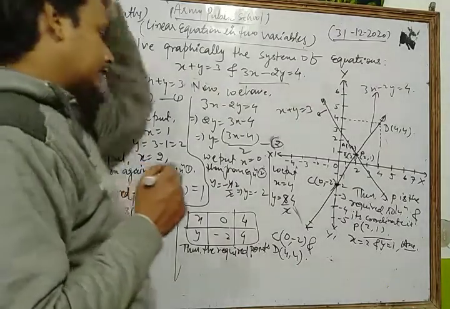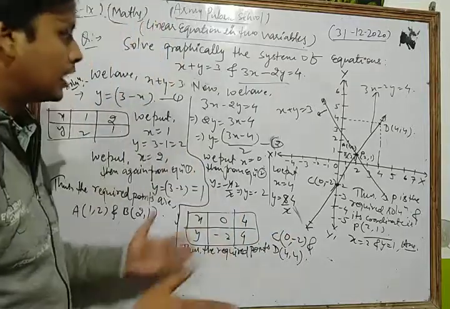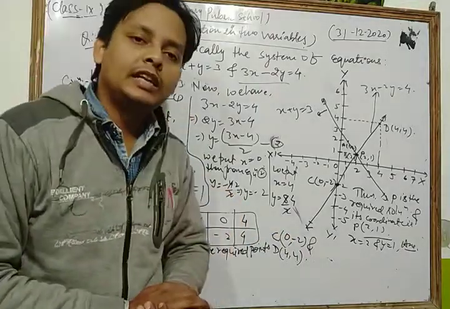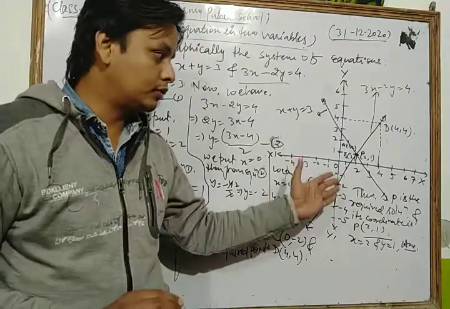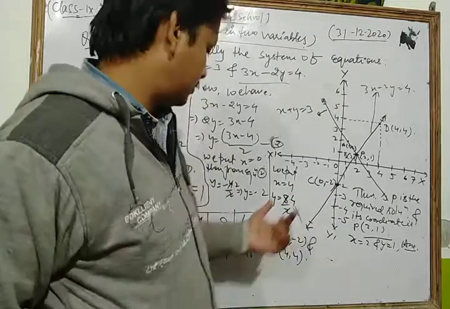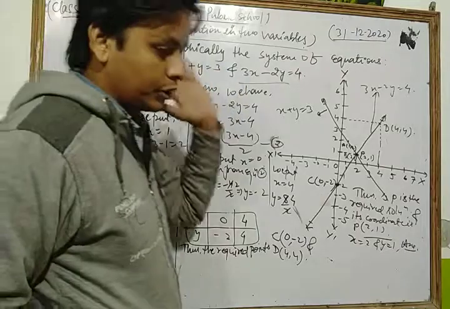Okay, dear friends, let's see once more. In that type of question, first of all you draw the graph of both the linear equations in two variables in this way, graphically. First we find the required points with the help of linear equation 1 and linear equation 2.